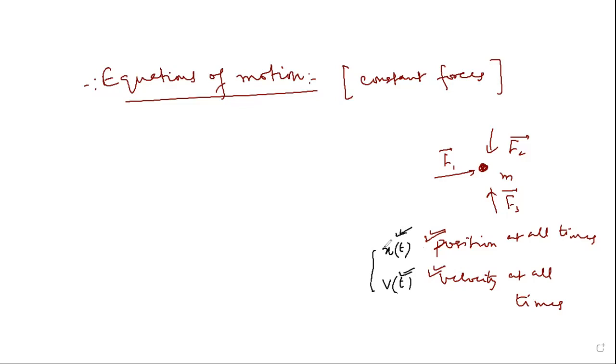So schematically, the analysis in one dimension can be represented as, we know all forces. So all forces, which are represented by sigma F, are known. From that, we find acceleration using Newton's law. From that, we find x of t and v of t, right?